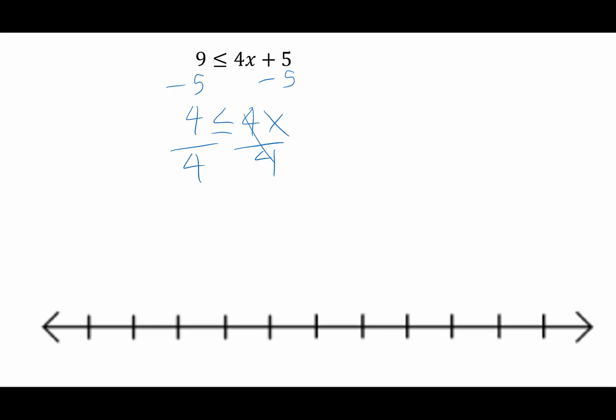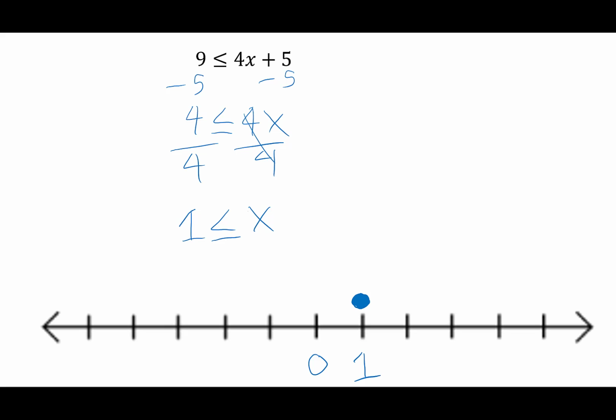Okay, 4 divided by 4 is 1, less than or equal to x. So my dot is going to be a closed dot at 1.